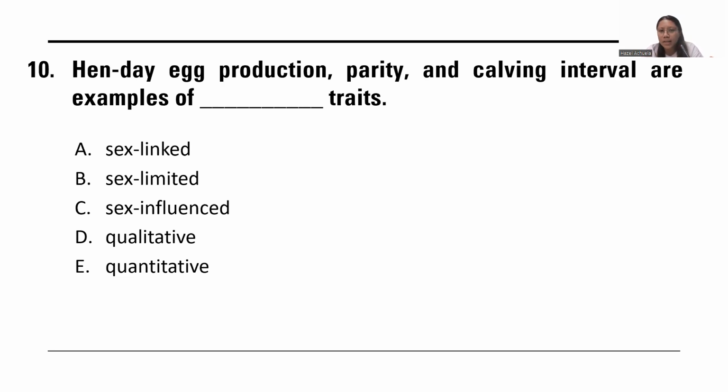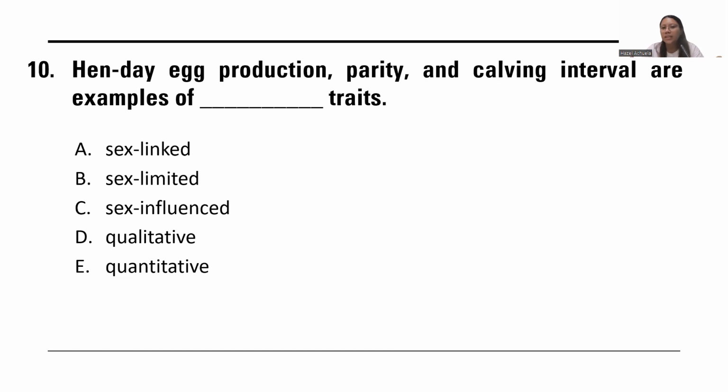Yung qualitative trait naman, pag sinabing qualitative, how you measure the trait or the phenotype for that trait is in terms of category, in terms of words, in terms of ranking, yon. Qualitative yon. Discrete, kumbaga, discrete phenotypes. Yun na, discrete measurements.